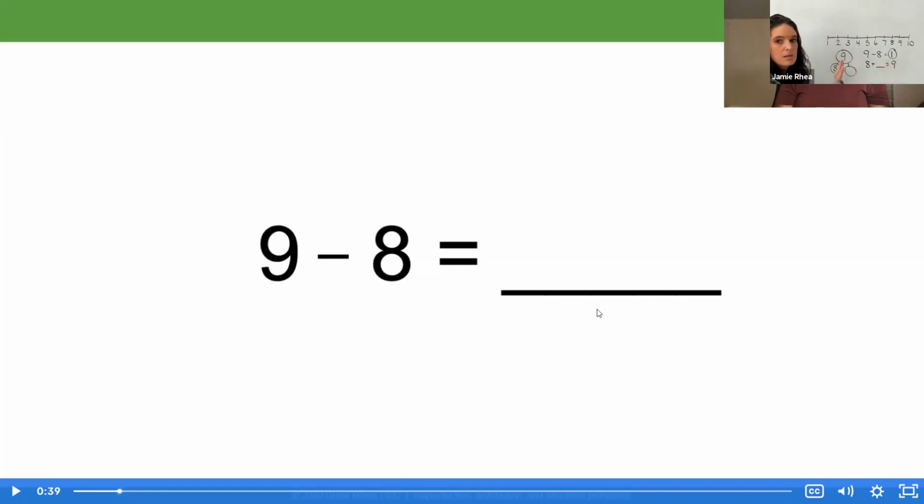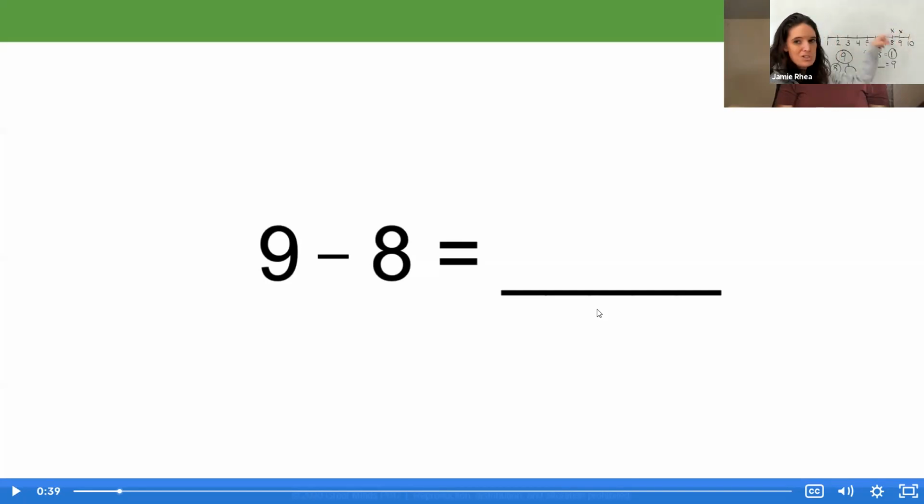So when I'm using a number path for my addition sentence, I'm going to start with my part, which is 8. I'll put an X here. My addition sign says to count on. So I'm going to go this way. How many times am I going to go? We don't know yet. But where am I going to stop? I'm going to stop at my 9.